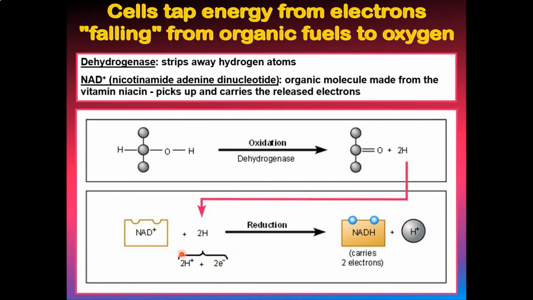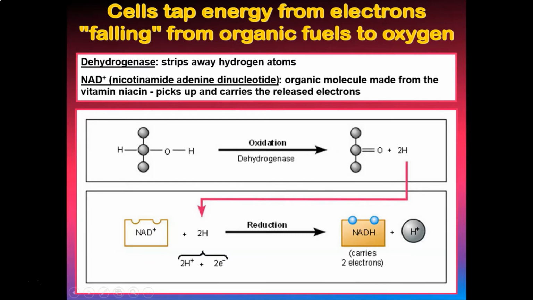One proton gets carried with it, actually, that's why it becomes NADH, and one is loose, which is also going to be important. That's reduction, right? You took the electrons from the bonds of what's left of glucose, and you added them, so that's oxidation. You added them or reduced NAD+ to become NADH.